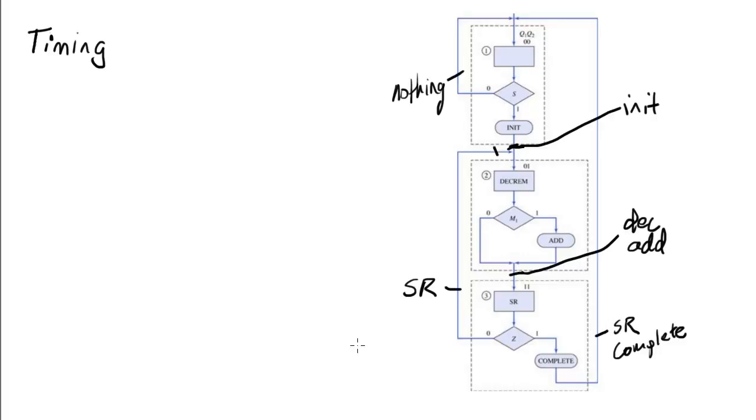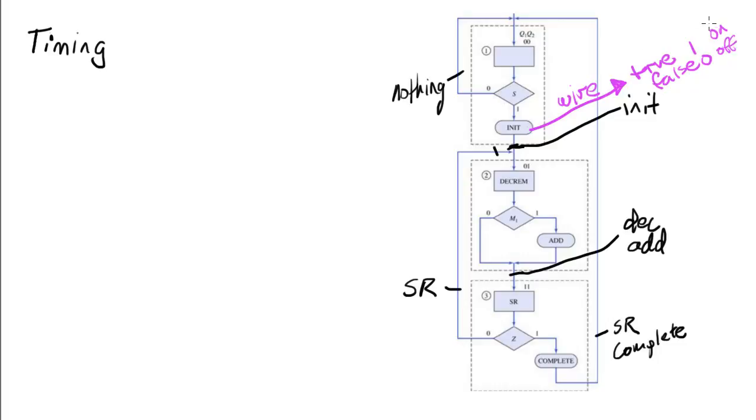So the question then is, what are these? Well, we've defined them as outputs, but you need to think of them as a wire that is true or false. It's a 1 or a 0. It's on or it's off.